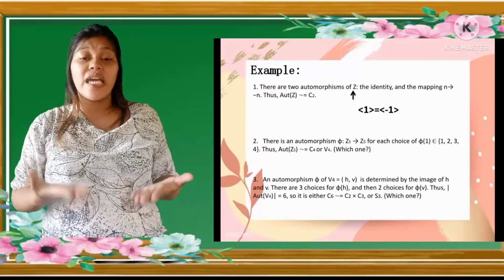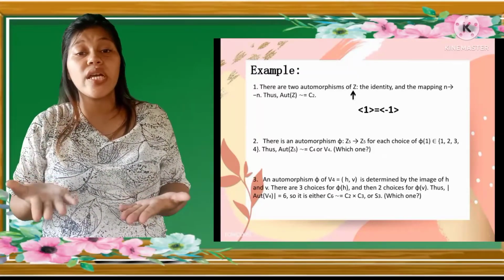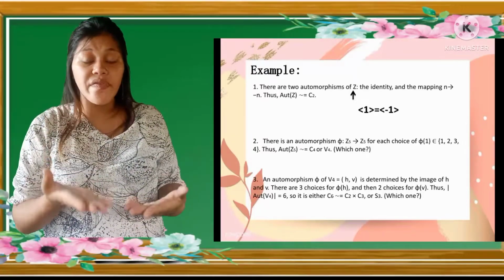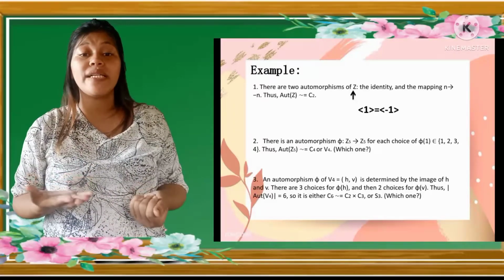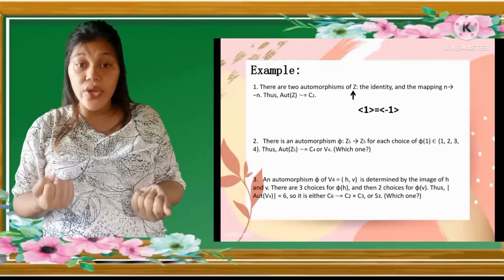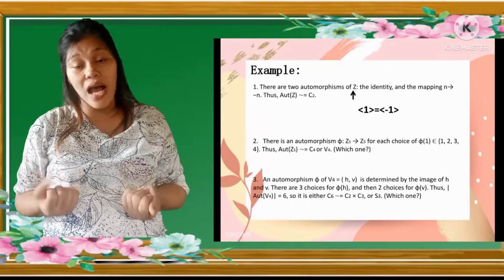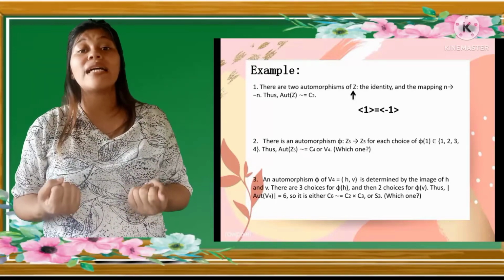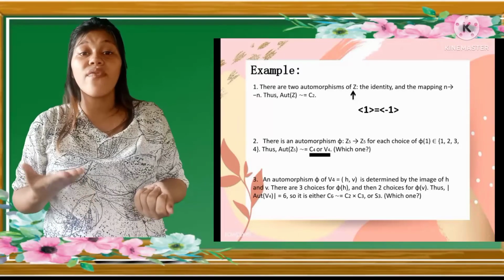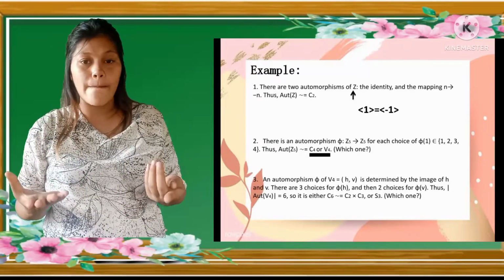So obviously, each of these is a distinct automorphism. So there are 4 automorphisms of C5, which means that the automorphism group has order 4. So it must be isomorphic to the cyclic group C4 or the Klein four-group V4.